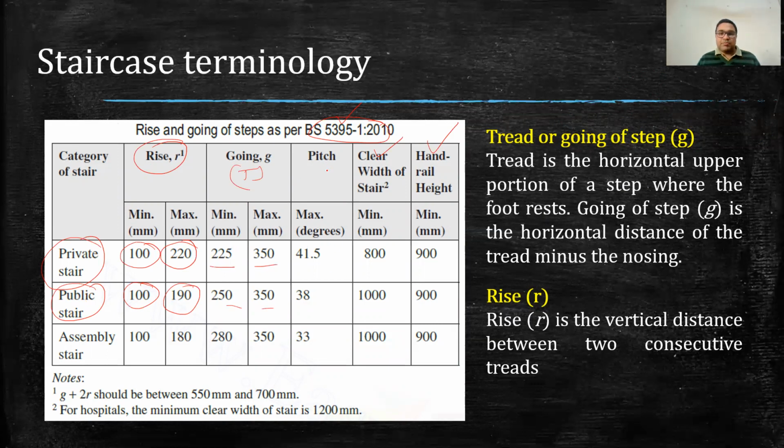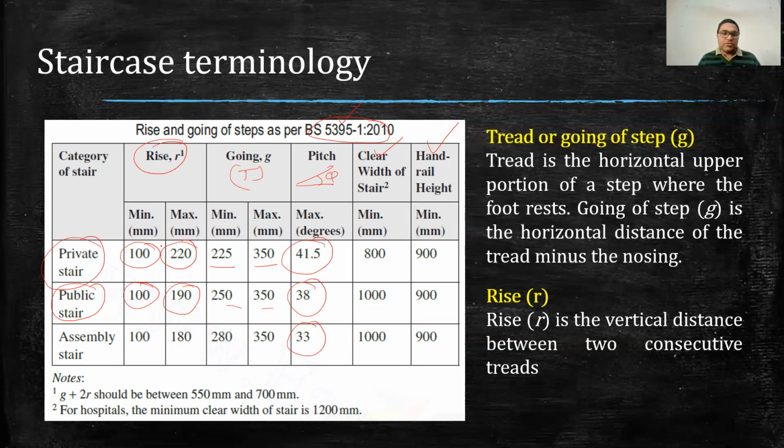Similarly, the pitch is basically the angle of flight of stair, which we generally represent as theta. That theta also has some limitations. In case of private stair, the maximum theta that we can apply in the staircase is 41.5 degrees. Similarly, in public stair, it should not exceed 38 degrees. And in case of assembly building, it should not exceed 33 degrees.